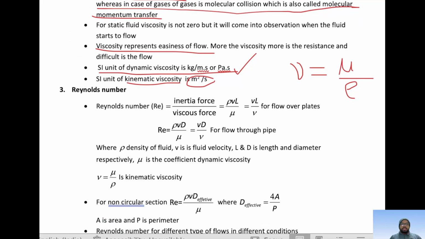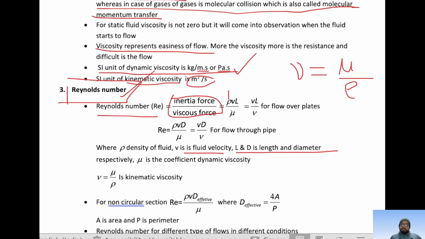Now we will define one of the very important numbers or ratios, which is the Reynolds number. It is a dimensionless number, the inertia force divided by the viscous force, and it is mathematically represented as rho V L by mu, where rho is the density of the fluid, V is the velocity of flow, and L and D are the length and diameter respectively.